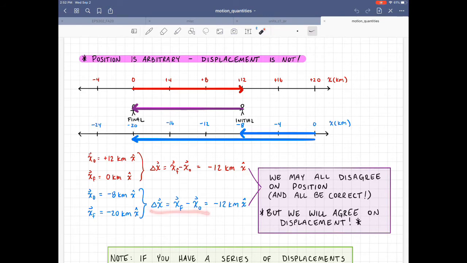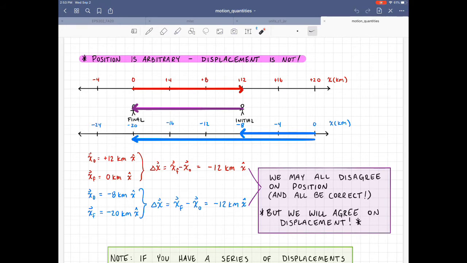In the blue coordinate system, my final position is negative 20 kilometers. My initial position is minus 8. So when I plug that into the displacement expression, I get negative 20 plus 8, and I get negative 12 kilometers in the x-hat direction. So even though the initial positions are different and the final positions are different, as long as you've done it correctly, the displacements across coordinate systems should be exactly the same, right?